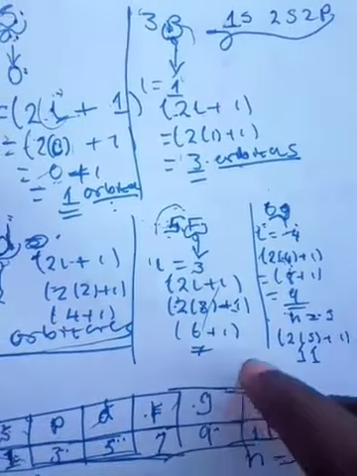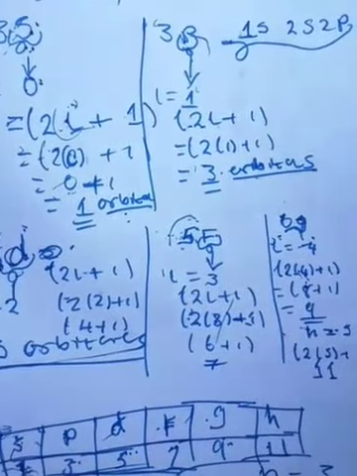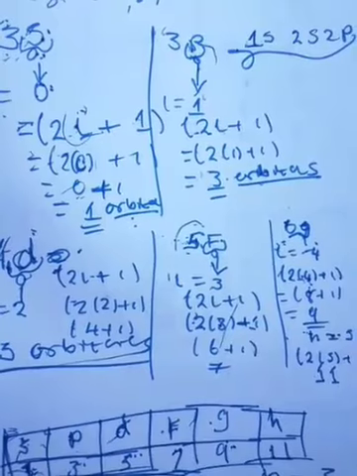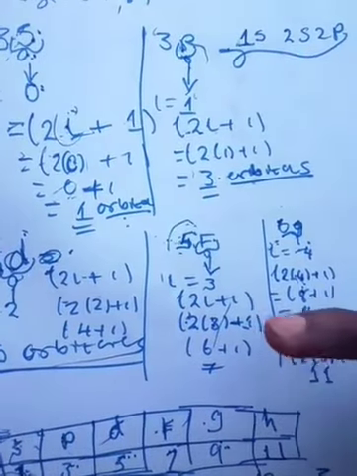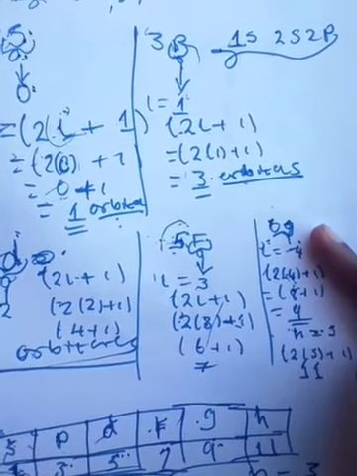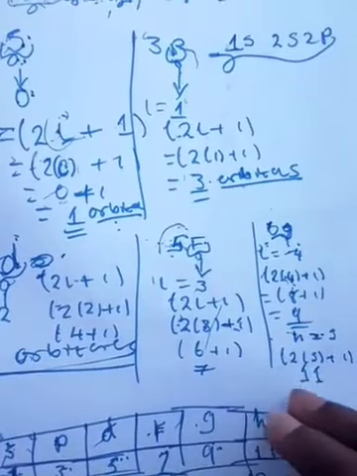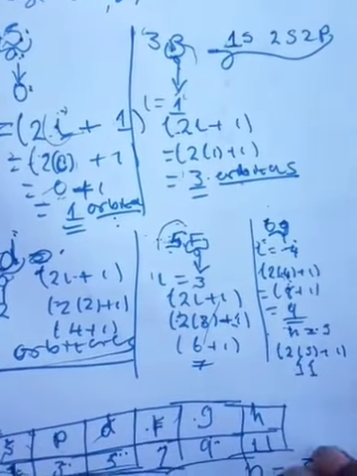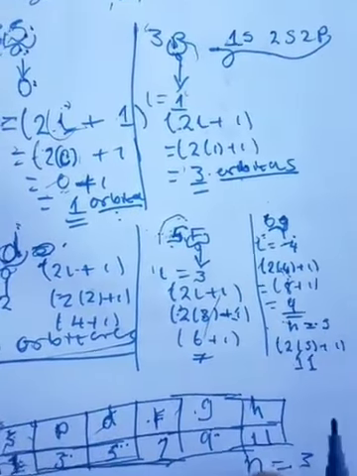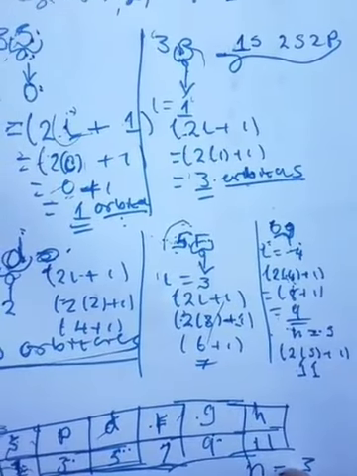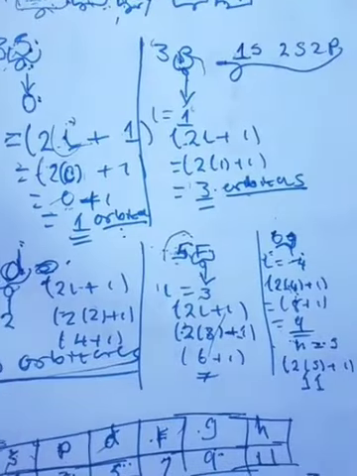Then they ask you to find the total number of orbitals. After that, they also ask you to find the total number of electrons found in this shell number 3. And they want you to show your work.